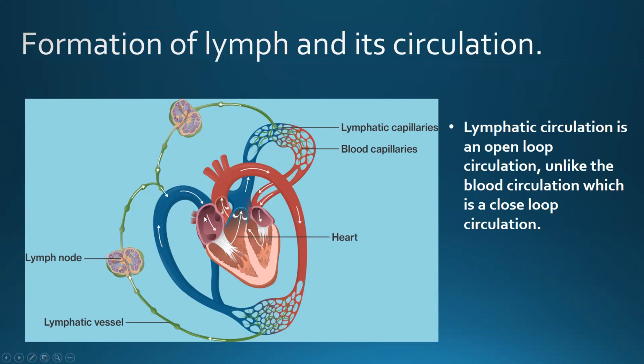The deoxygenated blood returns back to the right atrium and is pumped into the right ventricle and to the lung for the gas exchange, so that the highly oxygenated blood will return back to the left atrium and left ventricle before it is pumped back to the rest of the body for the purpose of enrichment. This type of circulation is called a closed loop circulation. While for the lymphatic circulation, it is an open loop circulation.